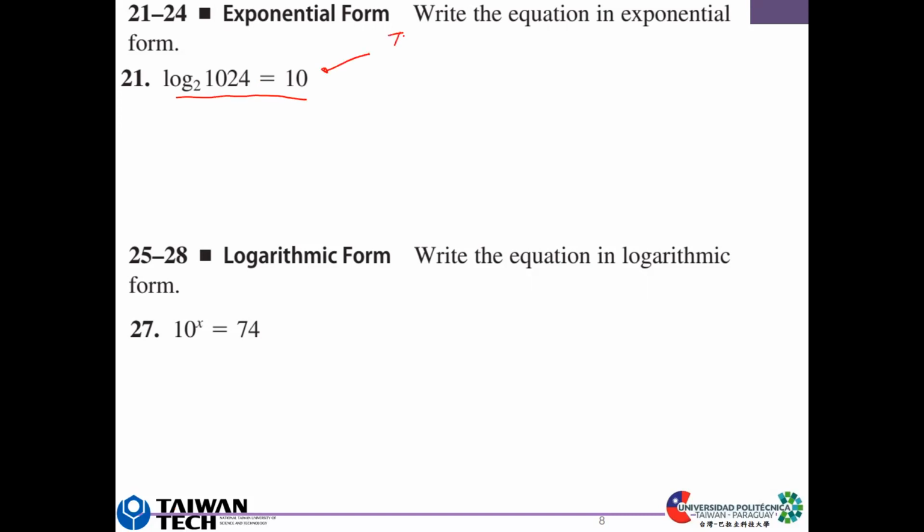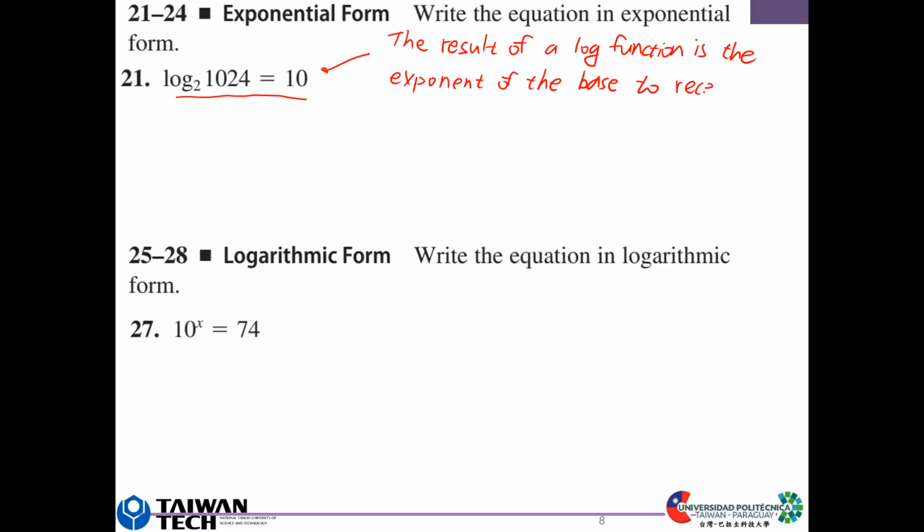The result, or output, of a log function is the exponent of the base to receive the value of what is inside the log.